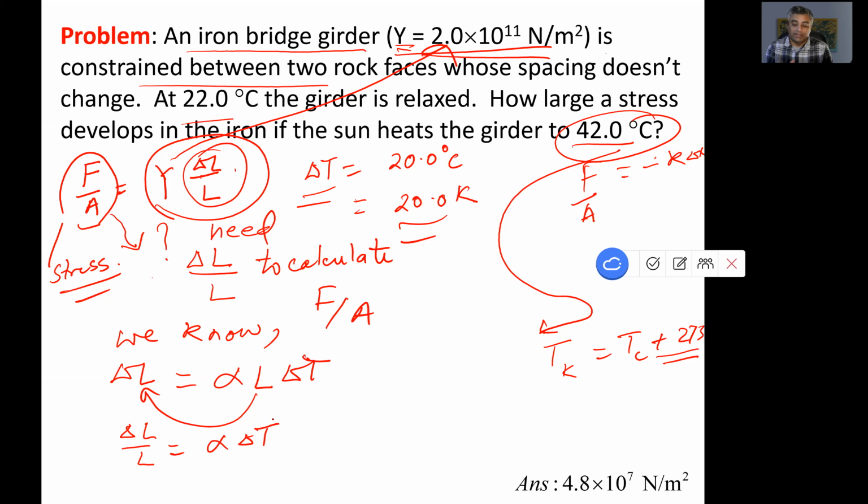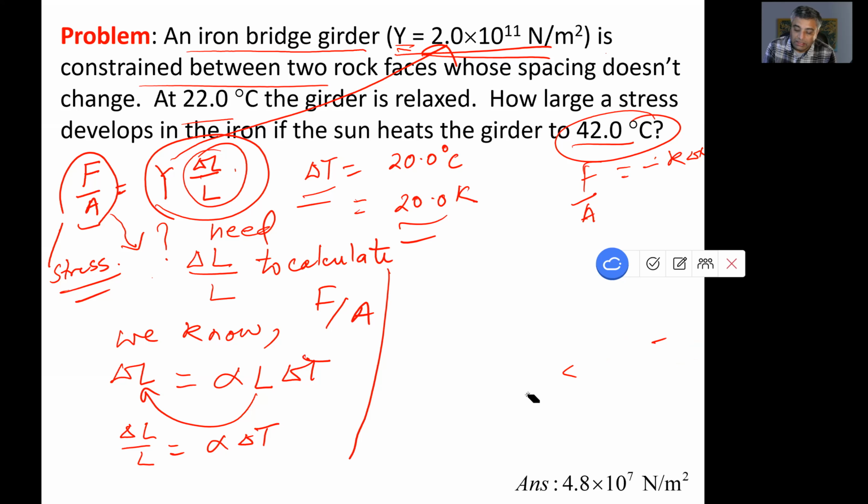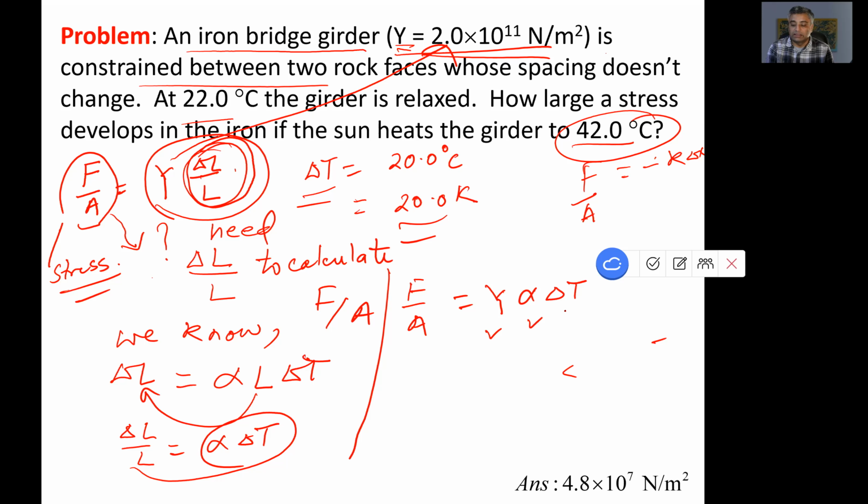So that means stress F over A is going to be equal to Y times delta L over L, which is the same as alpha times delta T. So now we know Y, we know alpha, and delta T is given.